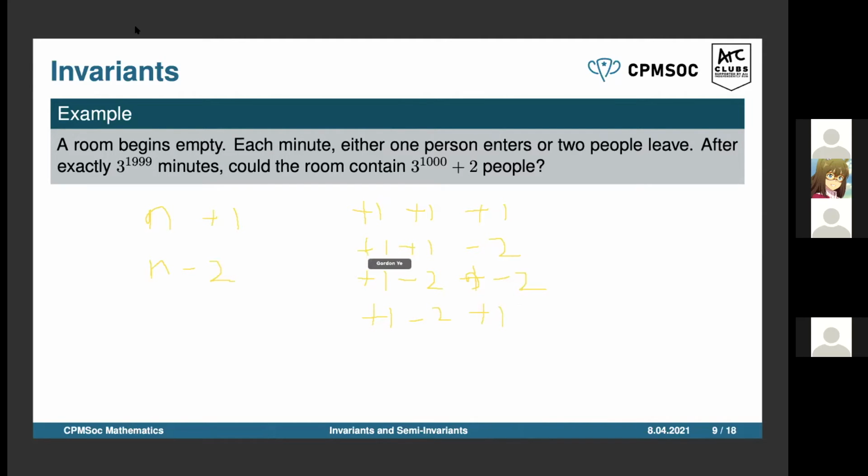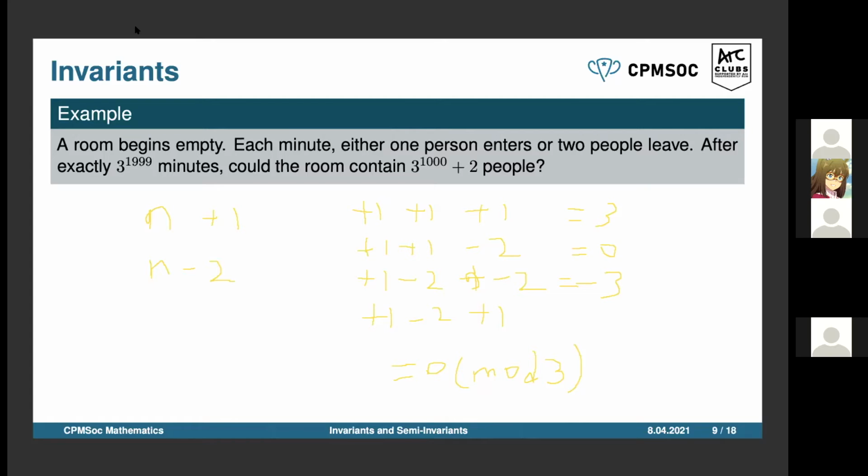So if you look at all of these different combinations of people entering and leaving, you can see that all of them are kind of similar, right? They're all equal to 0 mod 3. And this is the invariant in this question.